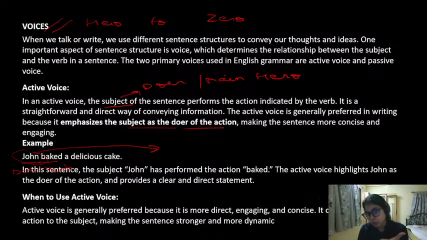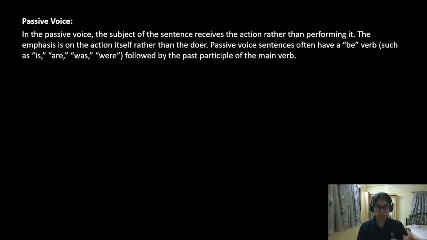But if you don't know who made the call, you can simply say a call was made to me. You can say somebody called me or a call was made to me. That's it. So passive voice comes in the cases when you might not be sure who the doer, the agent, the subject, the main hero is. That is called the conversion.